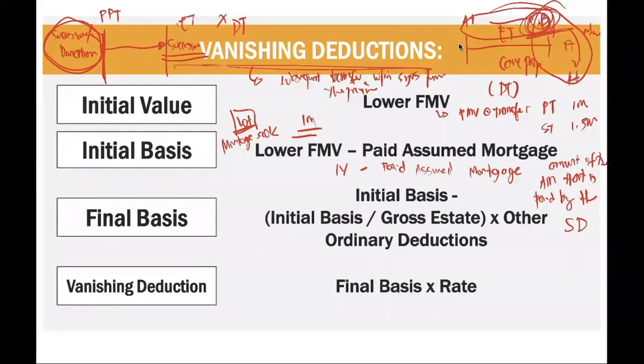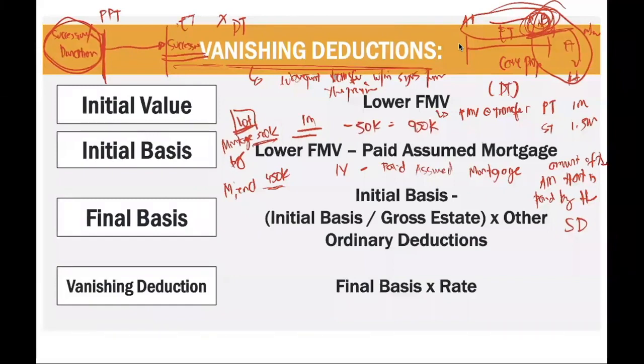So, assuming the beginning mortgage is 500,000 and the ending mortgage is now only 450,000. So, how much is the paid assumed mortgage? If B assumed a 500,000 mortgage, but the ending is only 450,000, the paid out of that assumed mortgage is 50,000. So 1 million less the 50,000, we have here 950,000 as the initial basis.